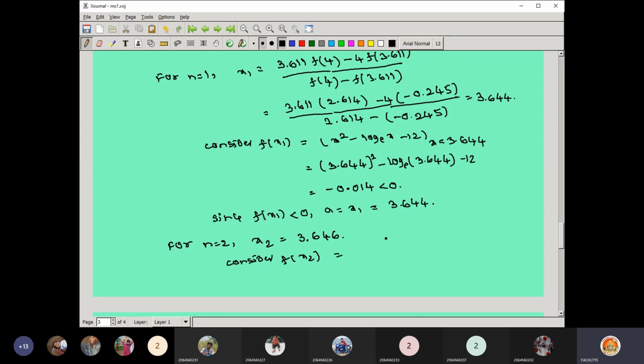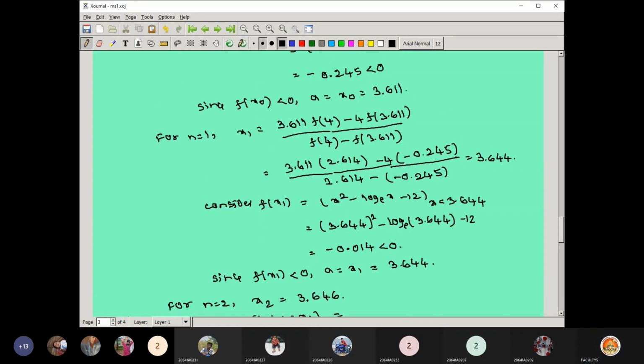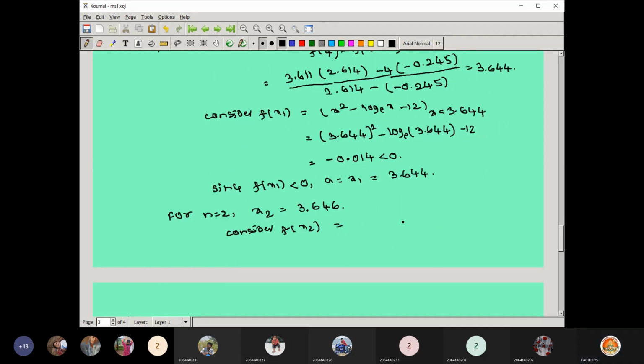Less than 0, again A changes. Greater than 0, B. Zero, sir? Very good. First time I think you got it. So since it is 0, no need of getting your next approximate root.